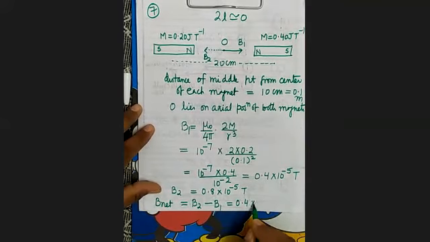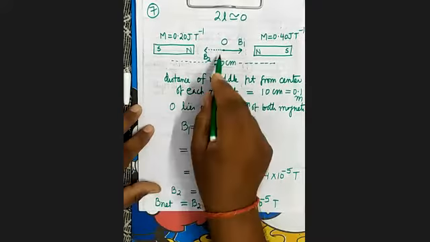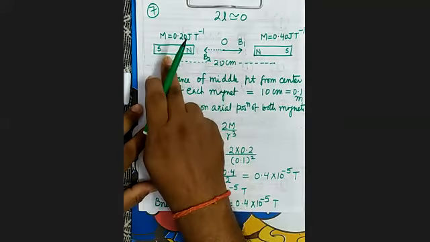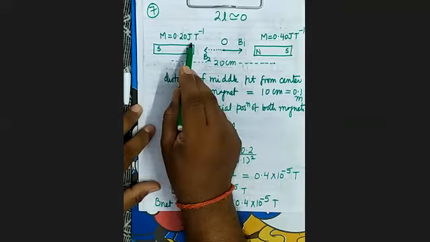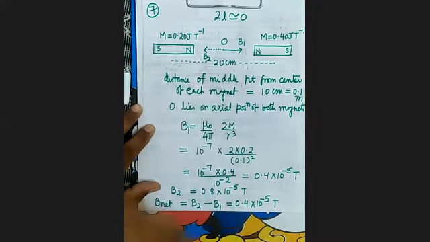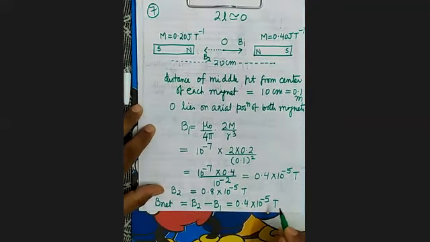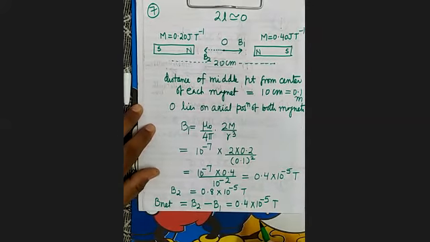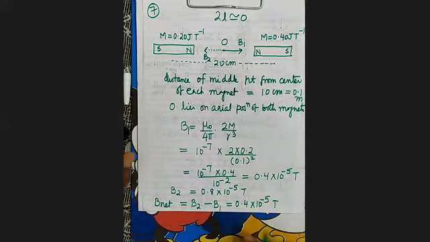It will come out 0.4 into 10 to the power minus 5 Tesla, and directed towards the magnet of larger moment. It's clear. Here in your book it comes 4.0. There may be some mistake. You can check here.